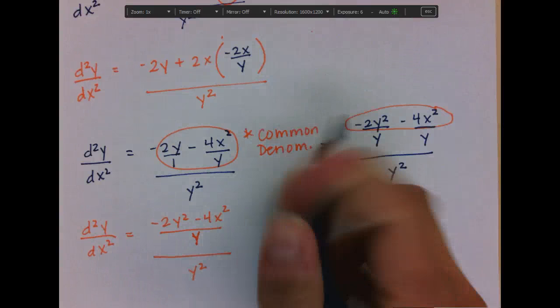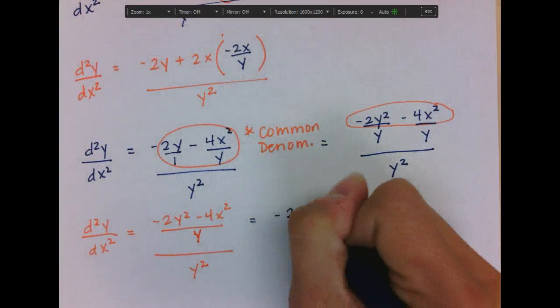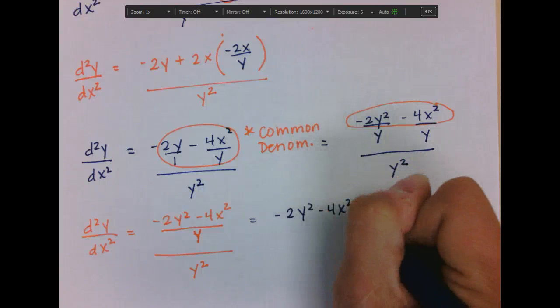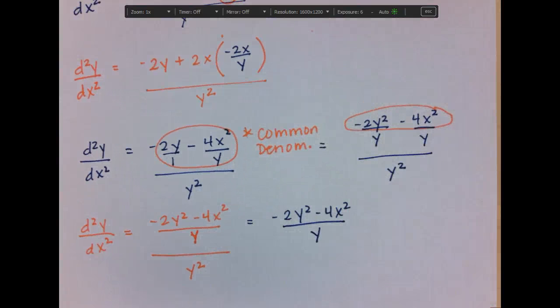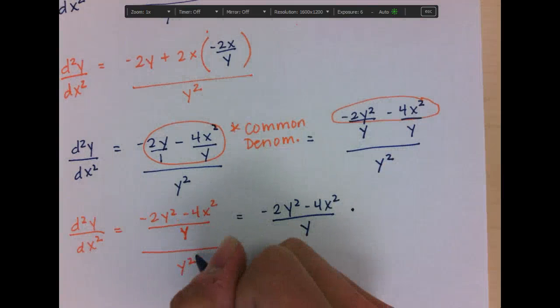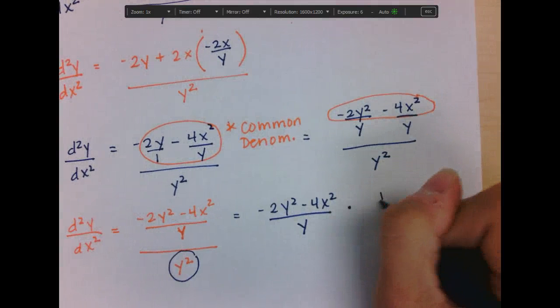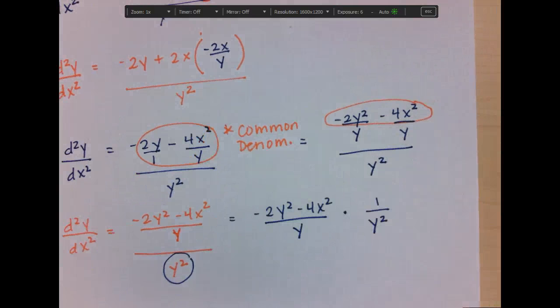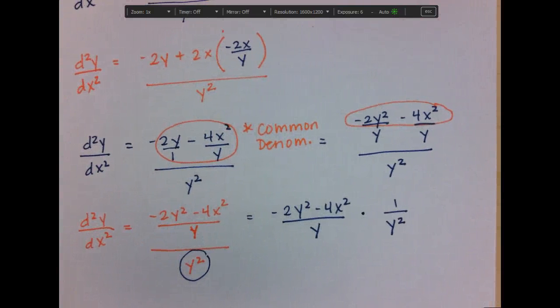Let's do the division. So I'm going to take my numerator, which is that fraction, and I'm going to multiply it by 1 over the denominator. Copy, dot, flip, if you're familiar with that term in terms of dividing fractions.